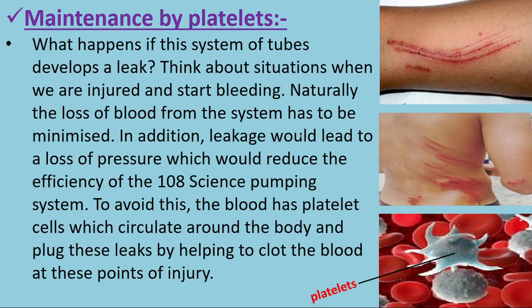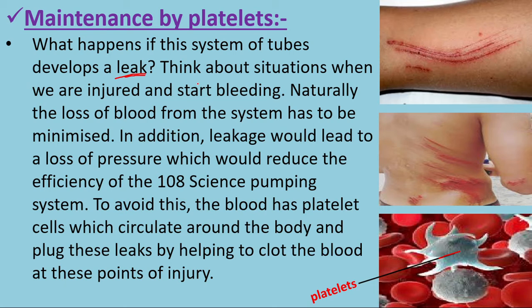When we have wounds or cuts, blood comes out of our body, and if there were no platelets, there would be continuous bleeding, and we would lose very much blood. So we need platelets, even to maintain the pressure. So now let's study how it is used. What happens? The system develops a leak. As I said, when there is a cut, there will be a leak, right?